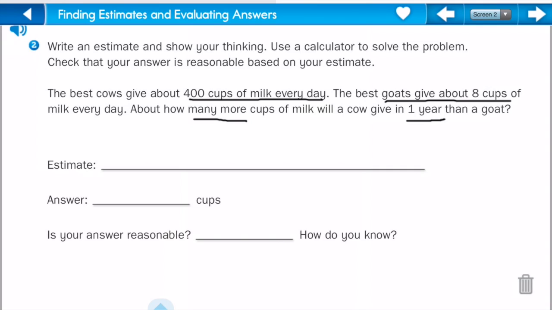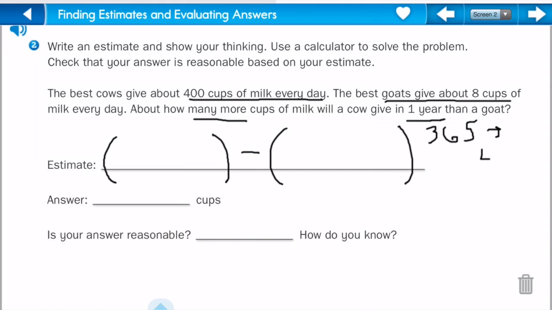So, what we're going to need to do is make an equation to figure this out. I'm going to put these in parentheses, and we know they're asking how many more, so that's going to mean it's a subtraction problem. Alright, so 1 year is 365 days. What's a good number we could round that to?